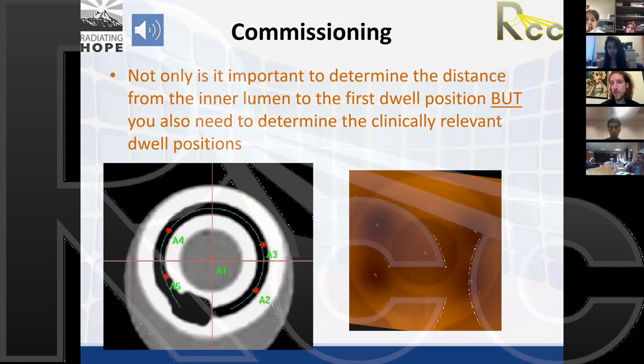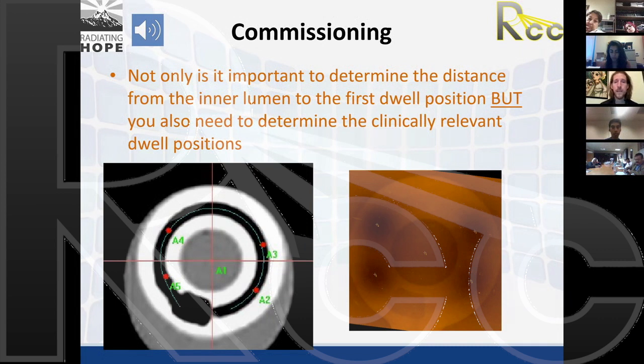For all of our other applicators, you find the offset to determine the distance from the inner lumen to the first dwell position, or however you commission your offset. It could be from the outer edge of an applicator to that first dwell position, but it's all based on the first dwell position. And for all of our other applicators, all the dwell positions move the same spacing as in the TPS, not for the ring.